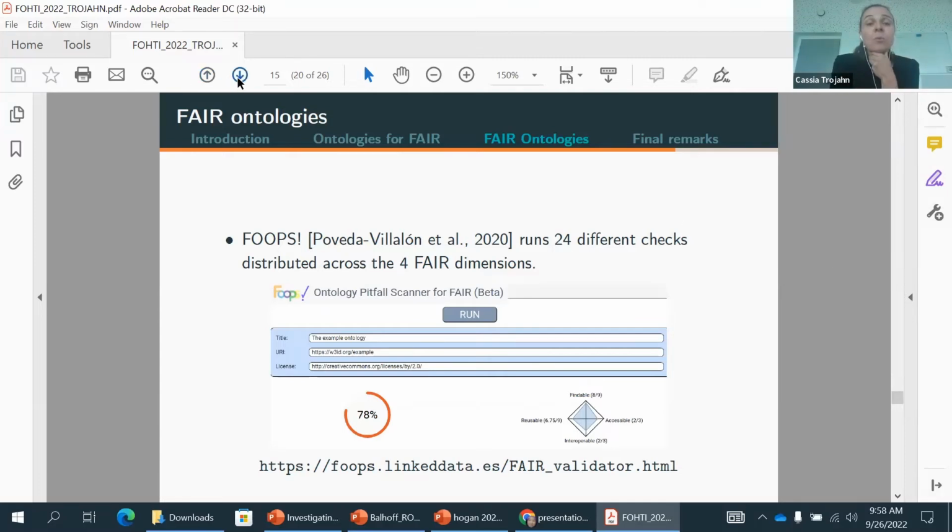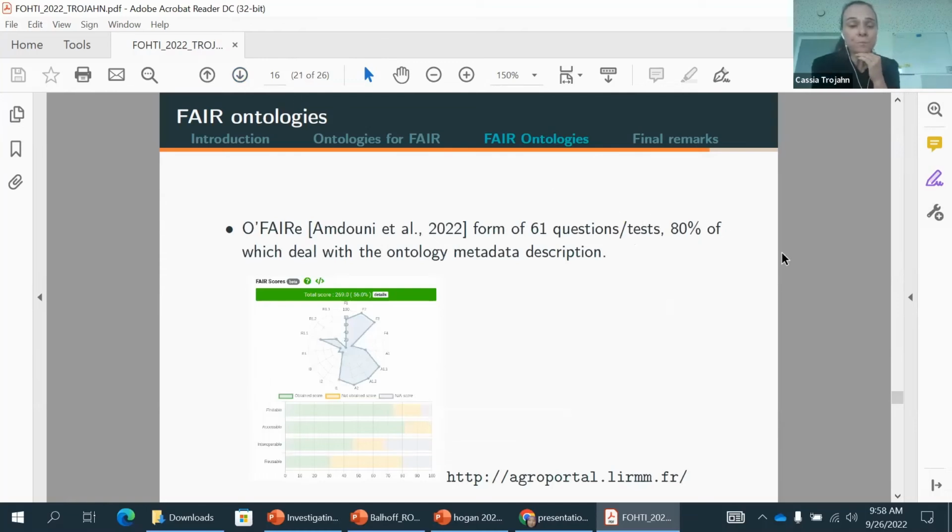The next one is the AgroPortal tool. So this is the reference. If you have your ontologies in AgroPortal, this is also a tool that can be used for evaluating. They are based on a set of 61 questions that are automatically and semi-automatically answered.